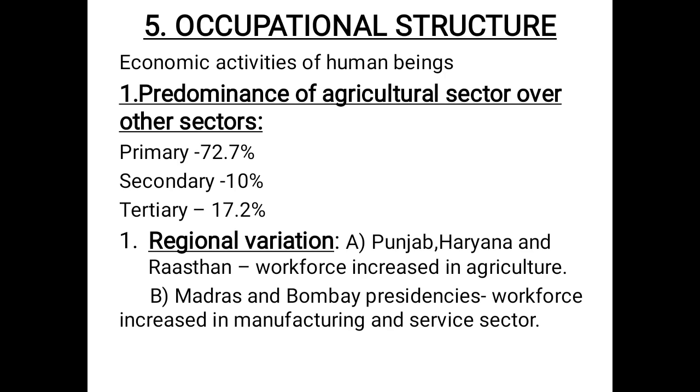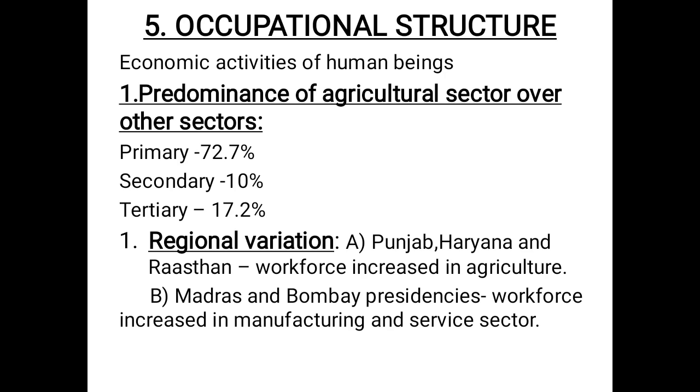Number 1, predominance of the agricultural sector over other sectors. The most prominent sector was agriculture. Maximum Indian population depended directly and indirectly on the agriculture sector and agriculture-related activities. In percentage, in the primary sector there were 72.7% people, whereas in secondary 10%, and in tertiary sector 17.2%.